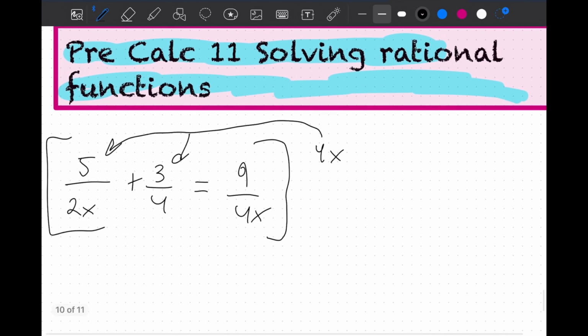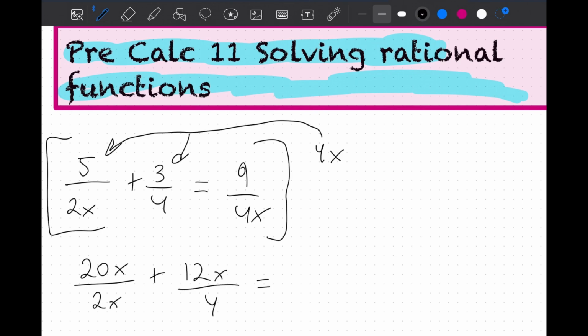So if you do 5 times 4x, you will get 20x over 2x, plus if you do 3 times 4x, you will get 12x over 4 equals 36x over 4x.